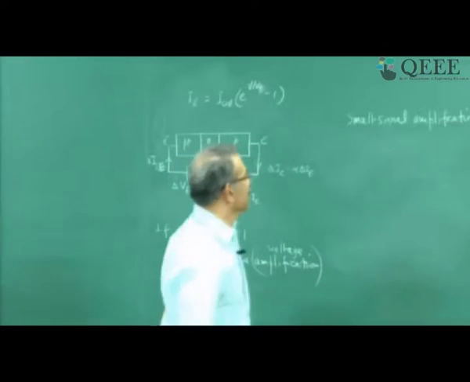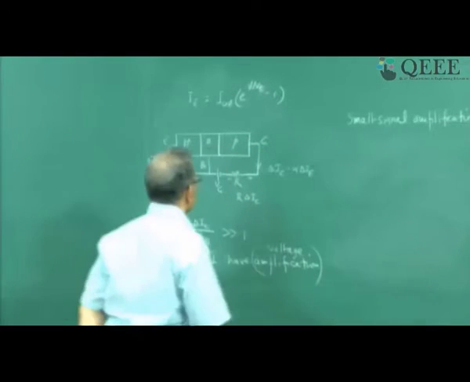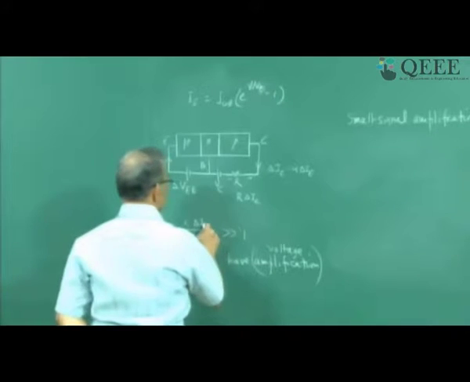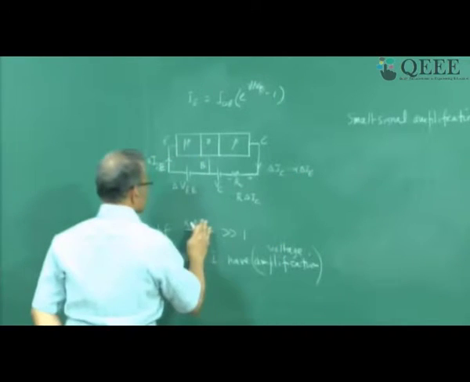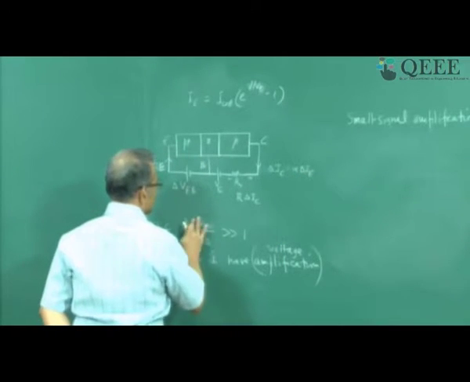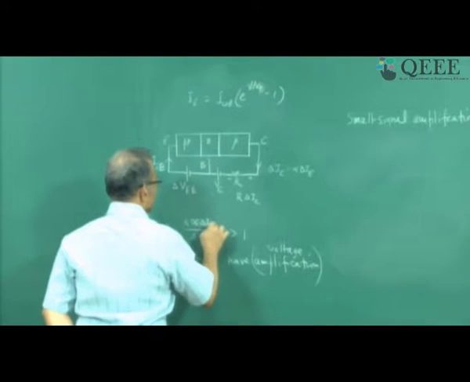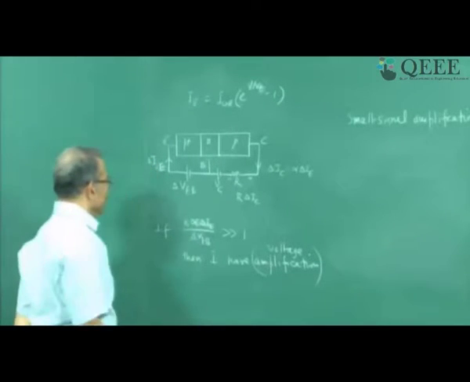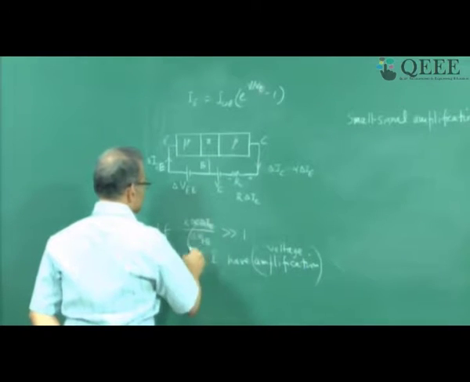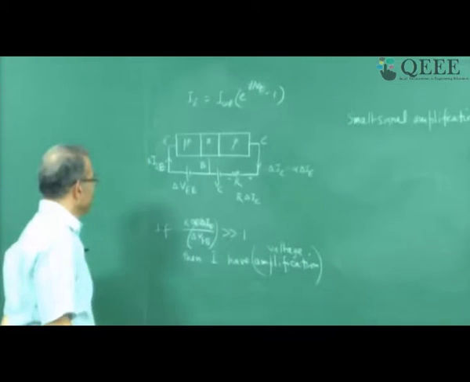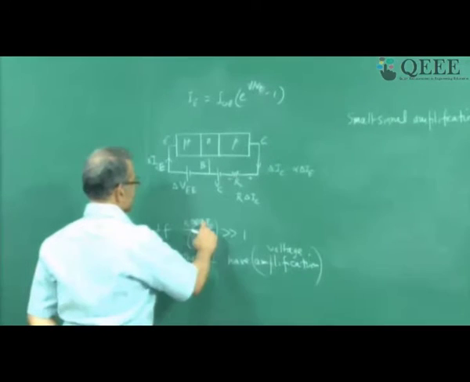So we are trying to explain this small signal amplification. So this delta IC is alpha times delta IE. So I will replace this by alpha times delta IE. So really I have to find out what is delta IE by delta VEB. How much is this?